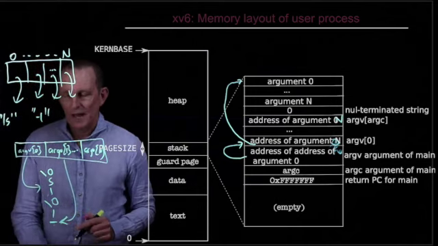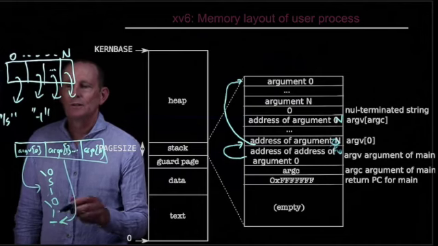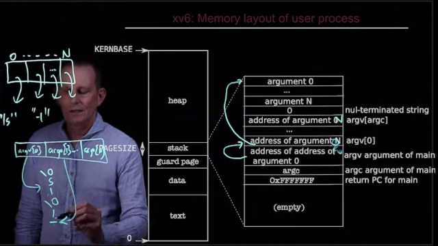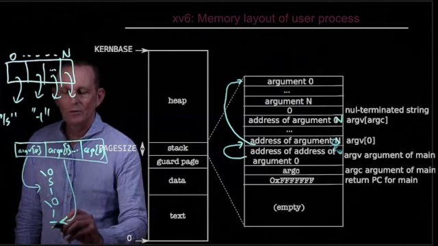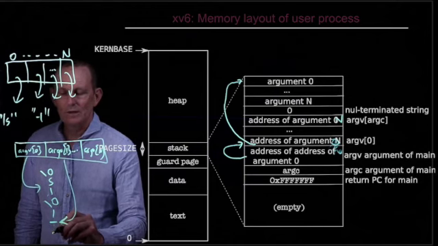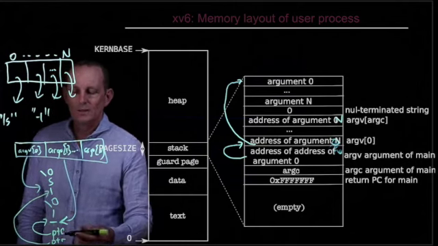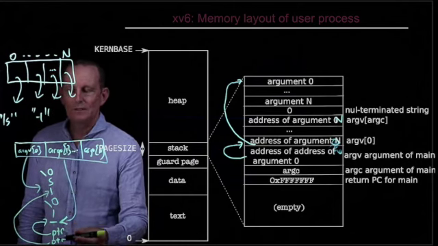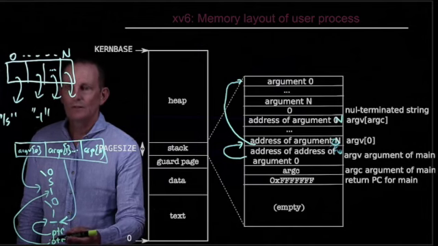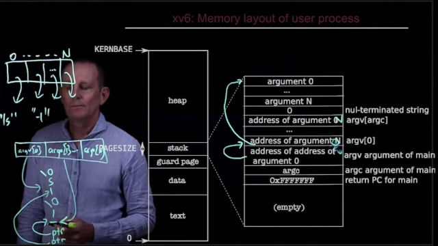So now we want to put the actual pointers onto the stack. We're going to go ahead and put argv1 on the stack, and argv1 is a pointer to here. So now effectively what we have is an array where this is argv0 and this is argv1.